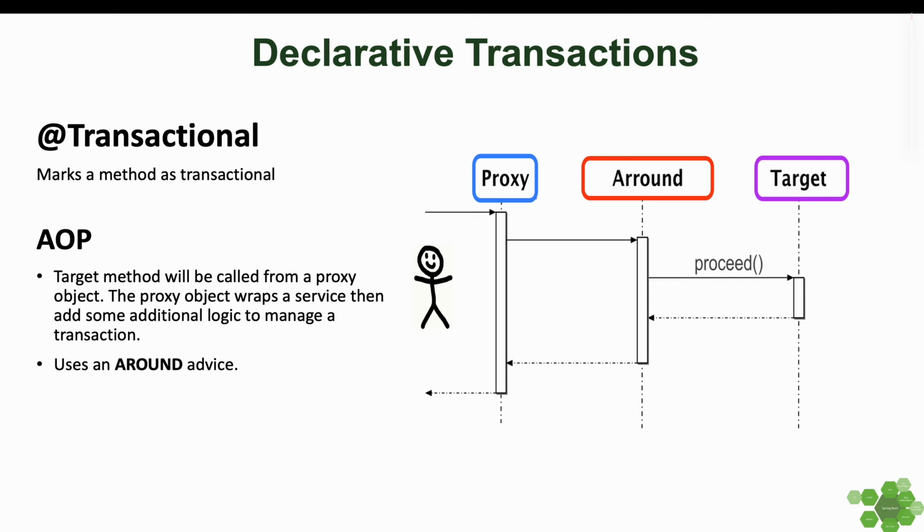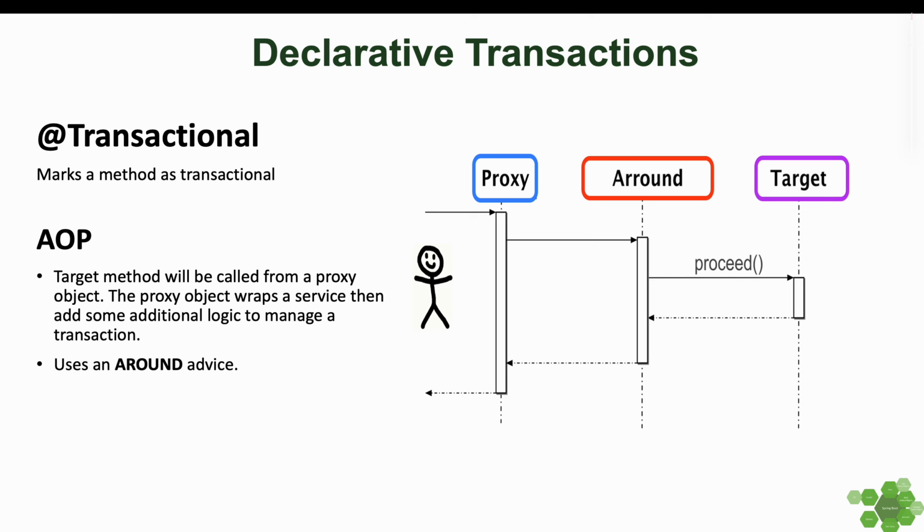So if you put a transactional annotation either on top of a class or a method, you are marking that as a transactional demarcated area, which means the framework will then at runtime create proxies, add some code to initiate a transaction demarcation, and also add some code to end a transaction demarcation. So this is AOP.